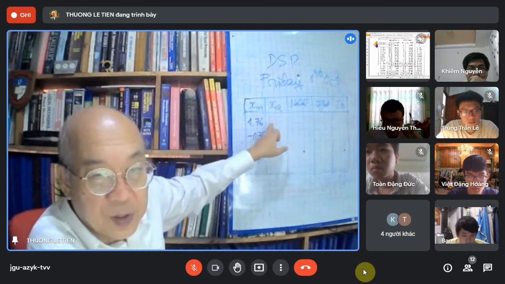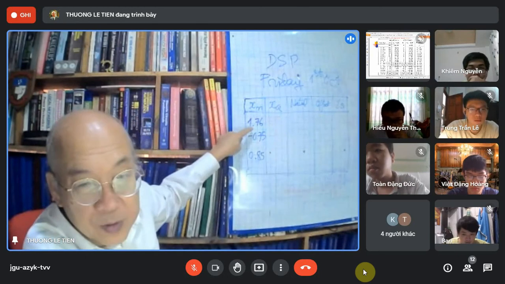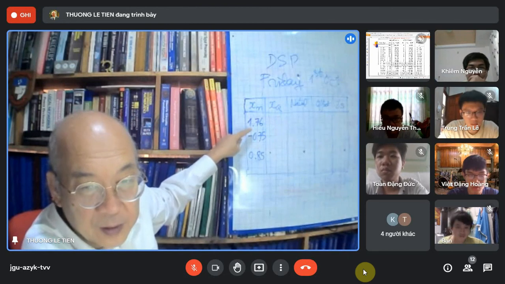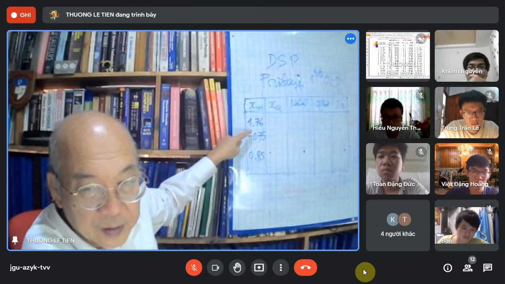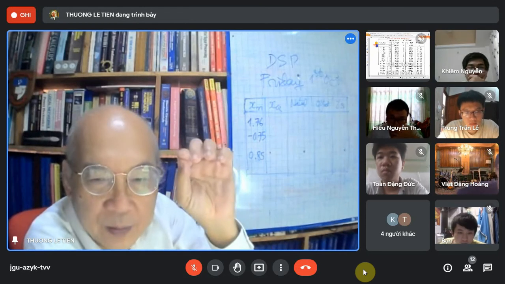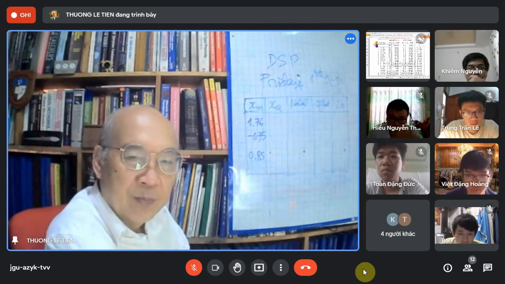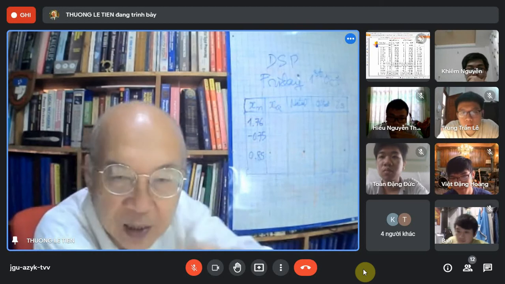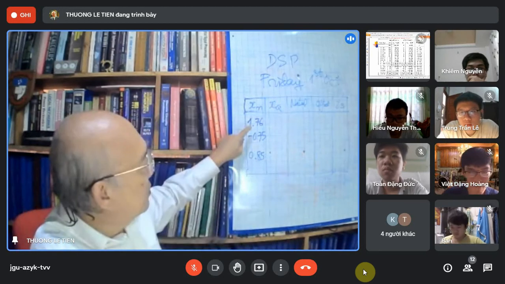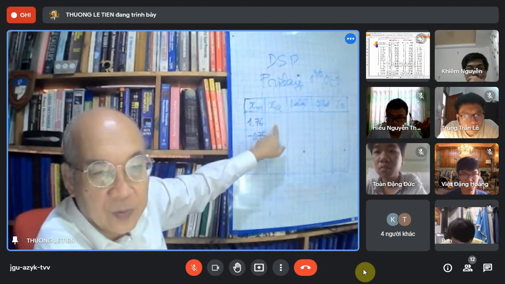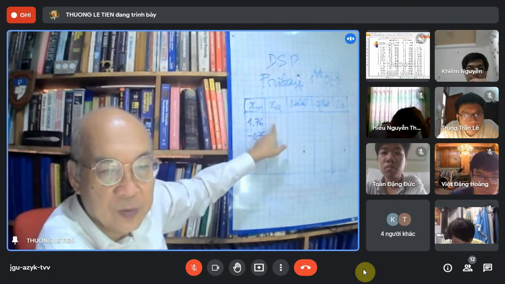What's the value of SQ for 1.76? Can you see the board clearly? If you want to see the board clearly, you just pin my picture, and then you can see the board instead of the slide. Now 1.76, what is the value of Q? What is the corresponding Q?